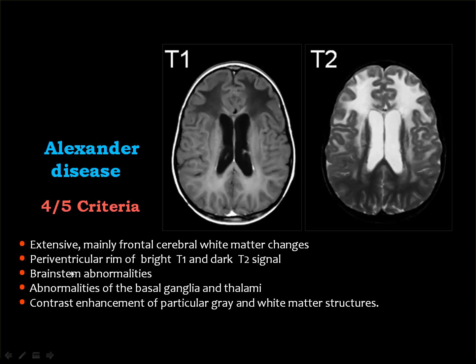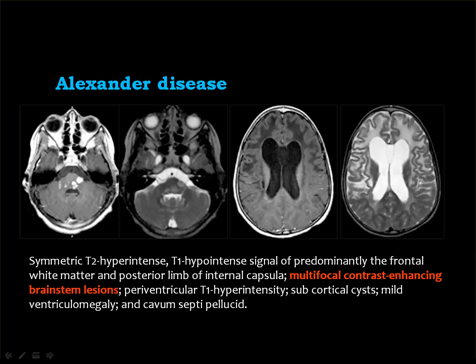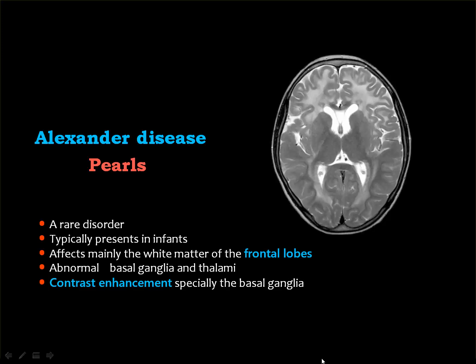Then brainstem abnormalities, abnormalities in the basal ganglia and the thalami, contrast enhancement of the affected white matter. This is an example of prominent brainstem affection in Alexander disease with significant post-contrast enhancement, as you can see.